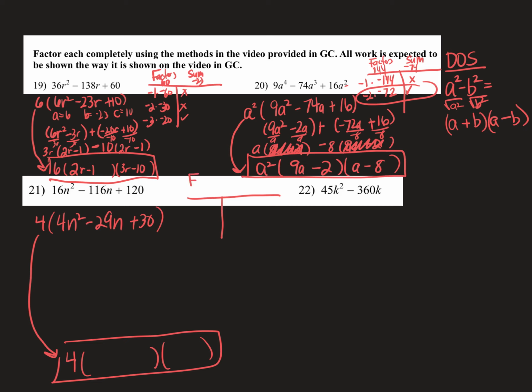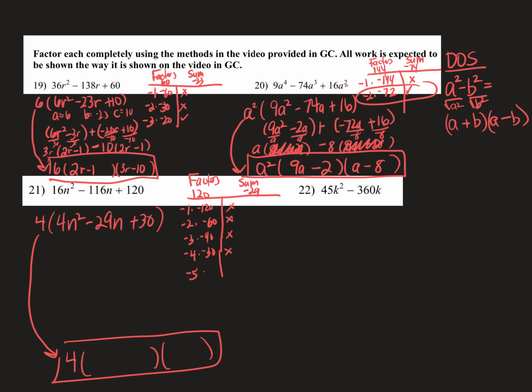Factors of a times c, so factors of 120, that will give me a sum of negative 29. So both factors are negative because I want to multiply and get a positive and add and get a negative. So negative 1 times negative 120 is a no. Negative 2 times negative 60 is a no. Negative 3 times negative 40 is a no. Negative 4 times negative 30 is a no, but I'm getting closer.